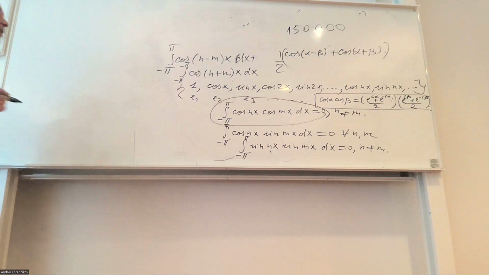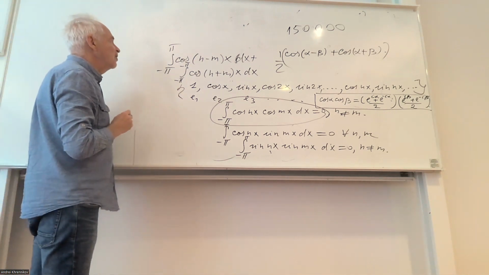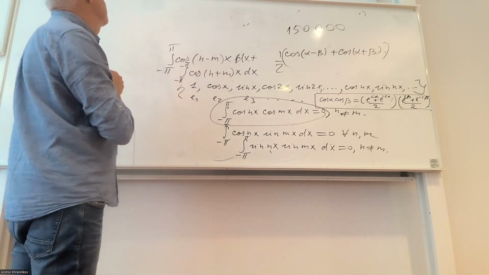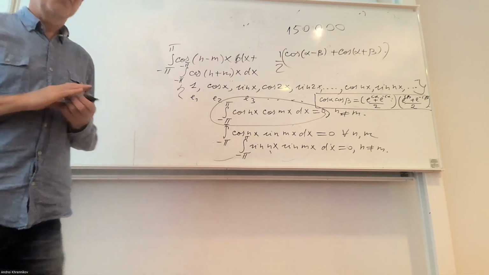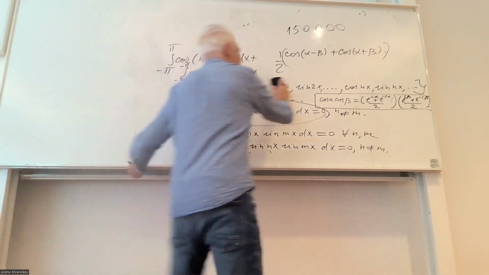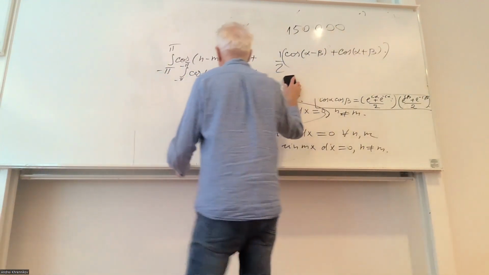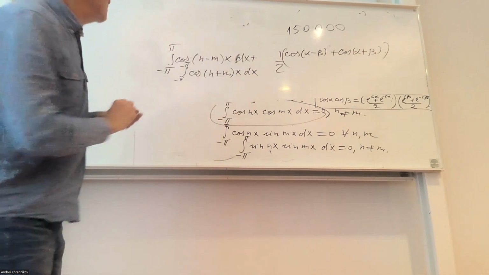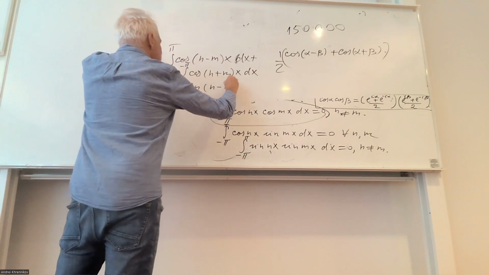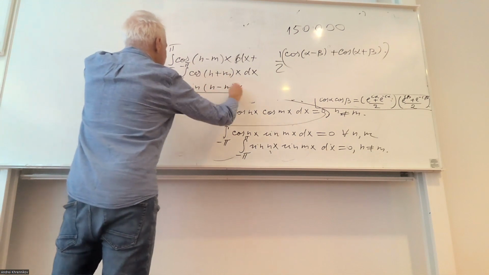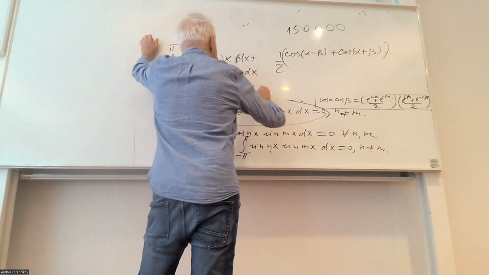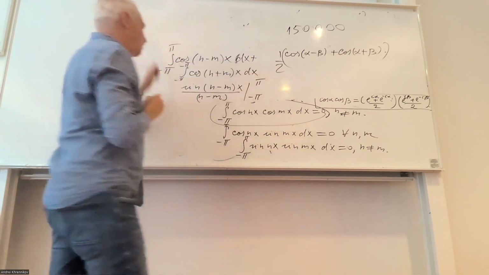Now see, when we integrate, for example, this one, shall we get 0? We get 0 with this formula. This exponent is better. So it would be sine of (n minus m)x divided by (n minus m), from minus pi to pi.